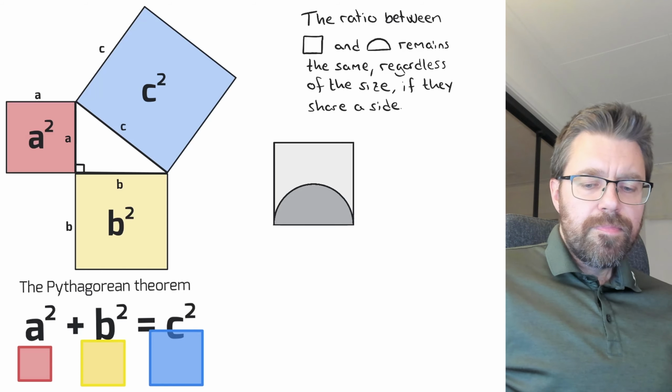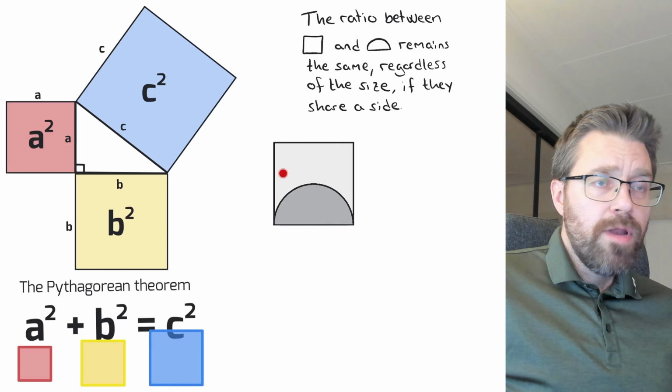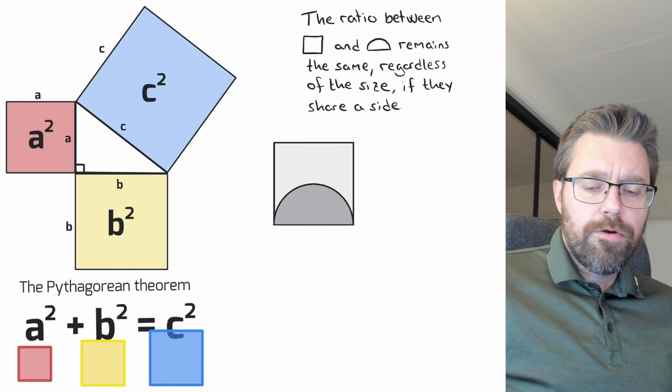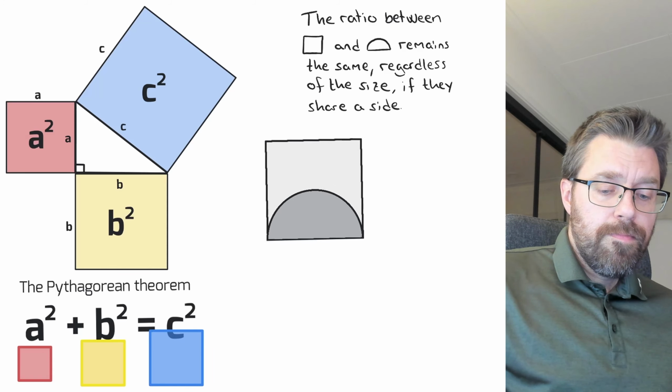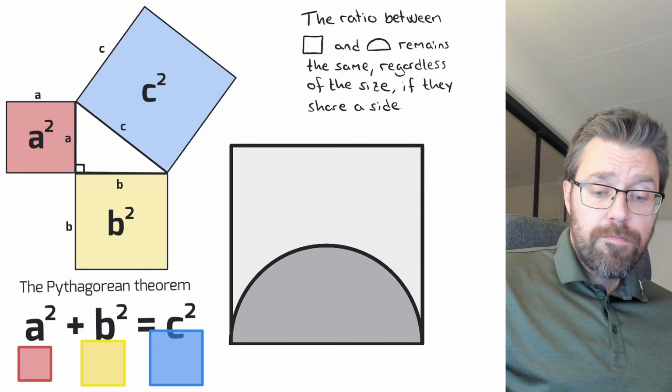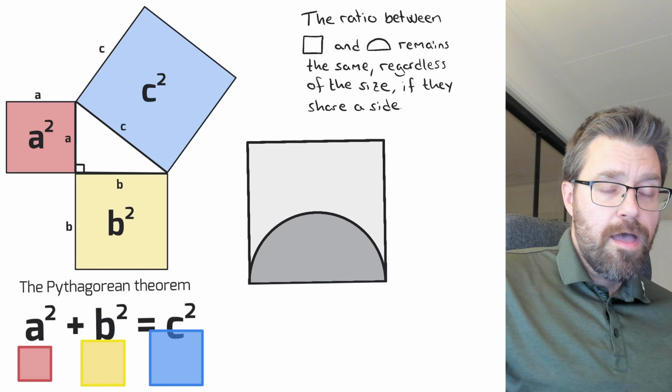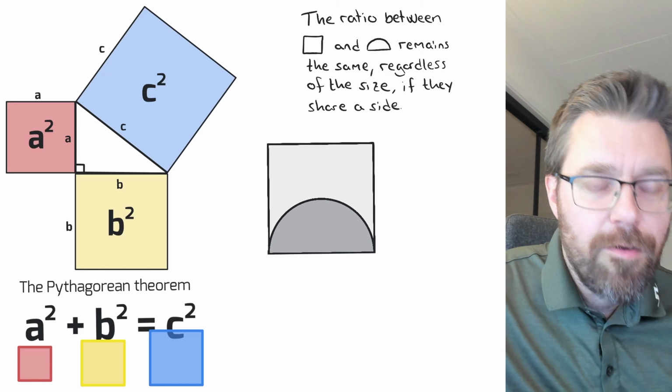So, the ratio between the whole area of the square and the area of the semicircle is the same for big squares and for small squares, and for the squares in the middle, of course.